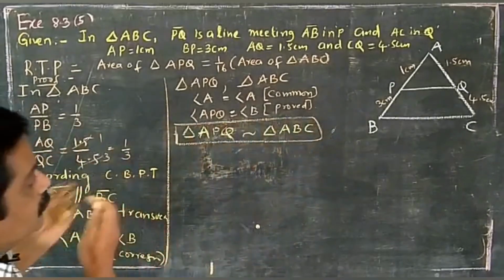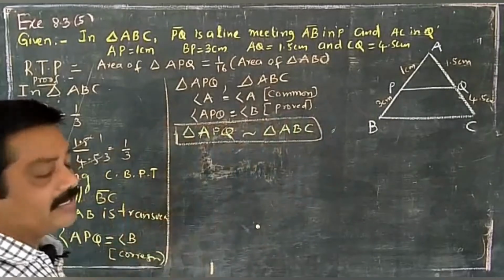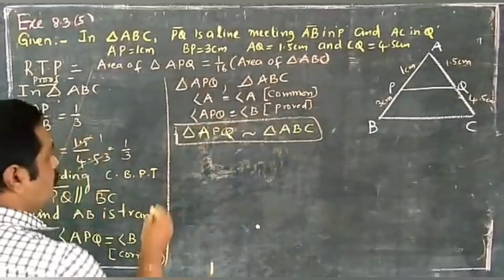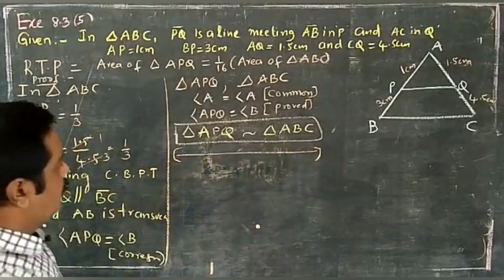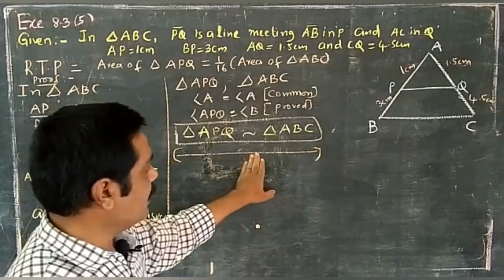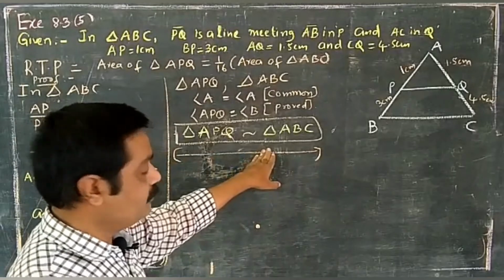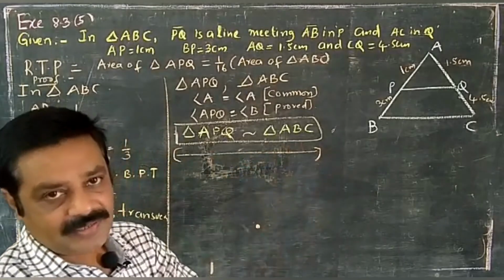Now our statement is applicable. What is that statement? The ratio of areas of two similar triangles is equal to the ratio of squares of their corresponding sides.